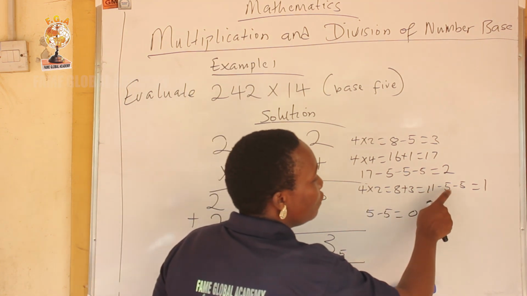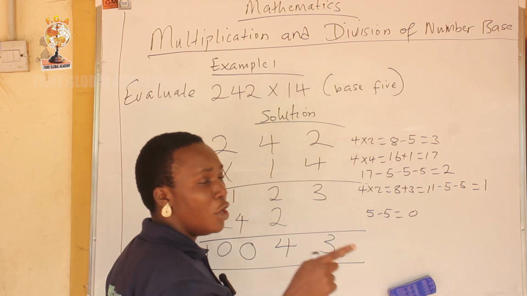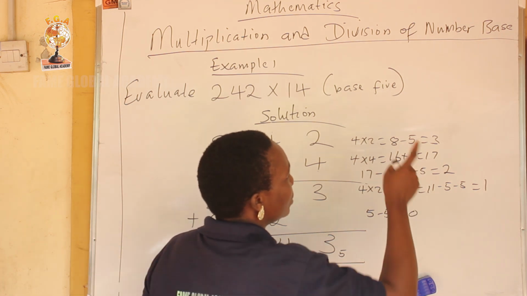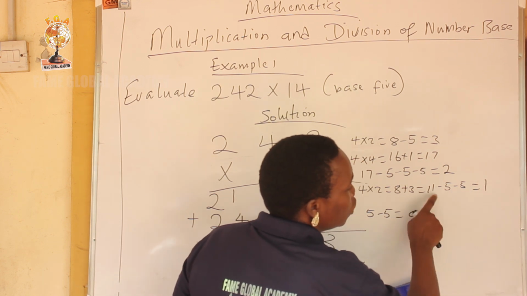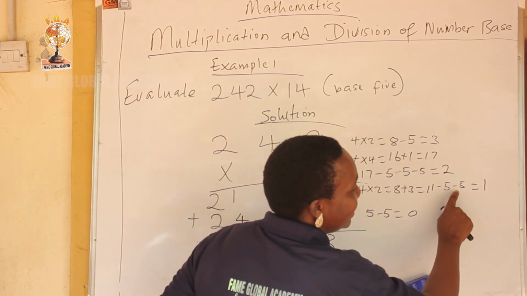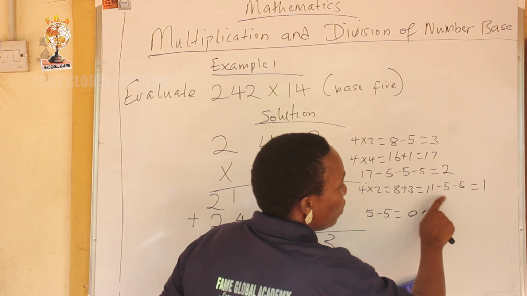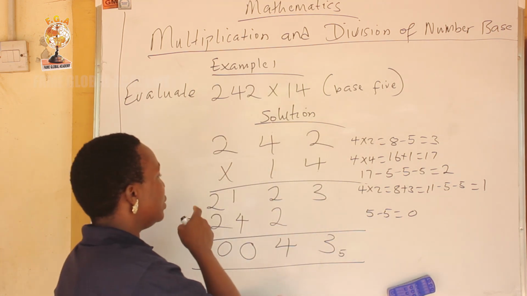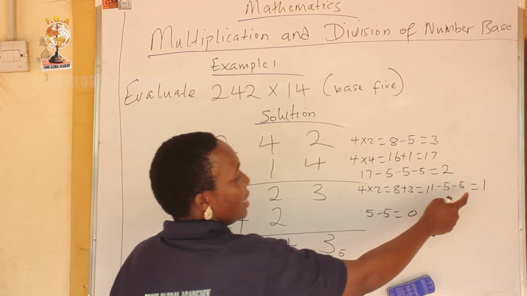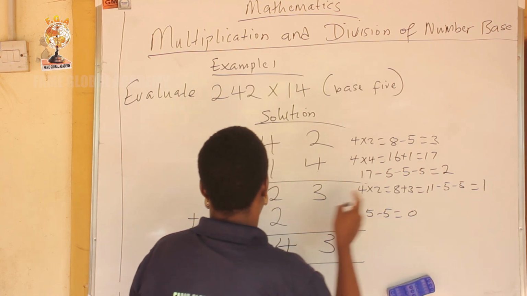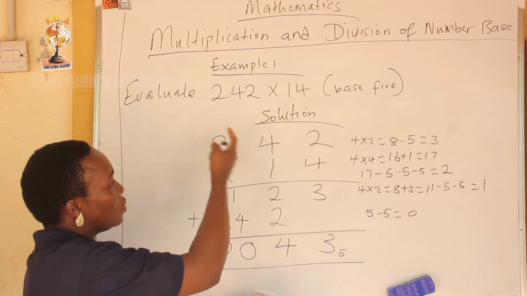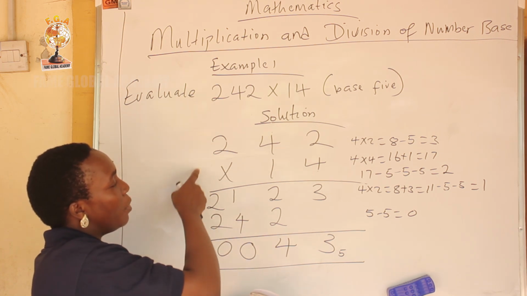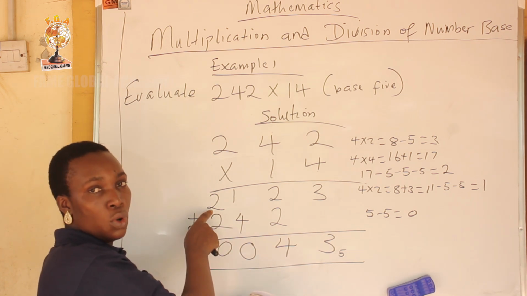Now 11, if you subtract 5 from 11, you're going to be having 6. 6 is also bigger than the base. Subtract 5 again, you have what? 1. So we subtracted 5 twice, which is 10, and this twice, this is 2. That's what you carry to the next one. And our answer here is what? 11 minus 10 is 1. That's this one. Then this 2 fives you subtracted, you carry it as 2 to the next one. But since there is no other number here, you just bring down your 2.